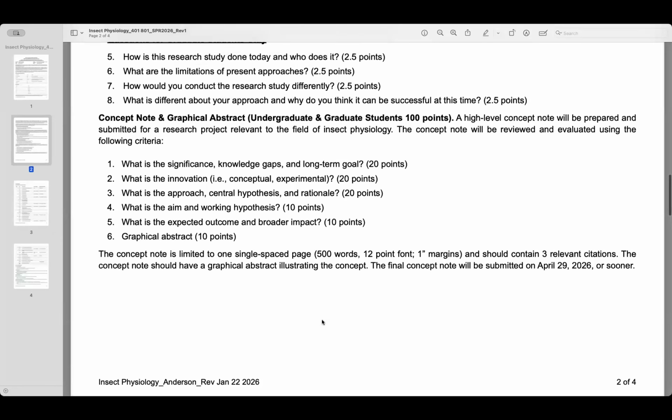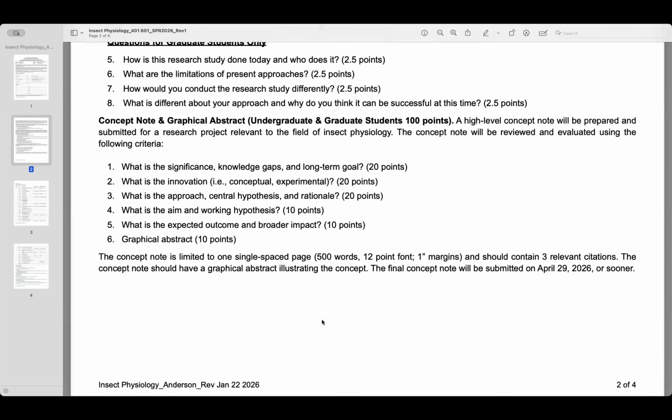How does it compare to our research proposal work? Very closely, yes. All of you are experienced with this, but for those of you that haven't done this, that's why I wanted to go over it, especially for the distance students. There are 6 criteria here. And when I say high level, just keep it high level.